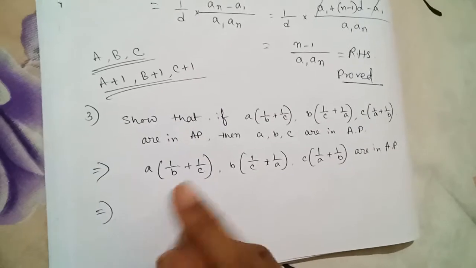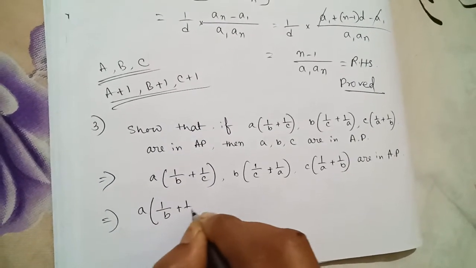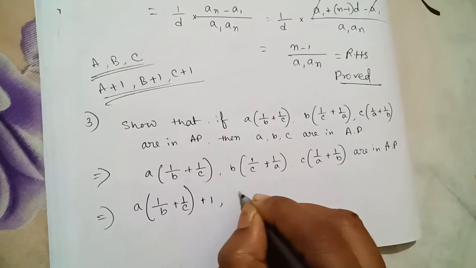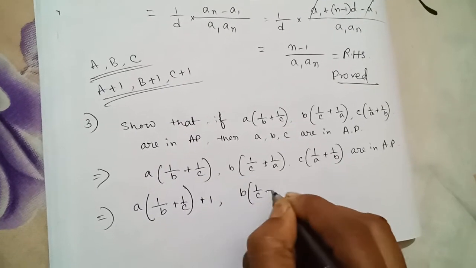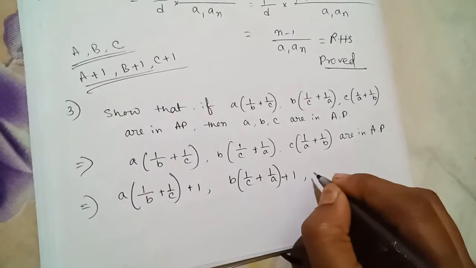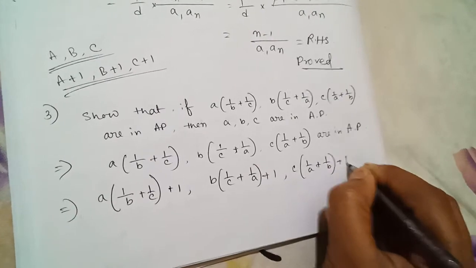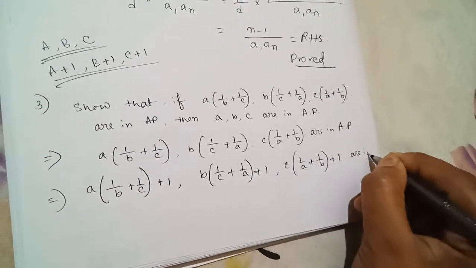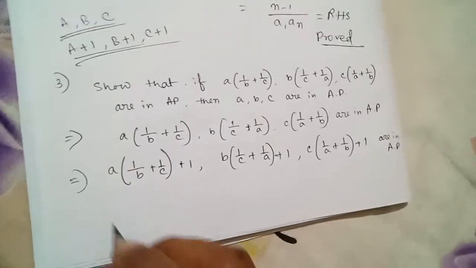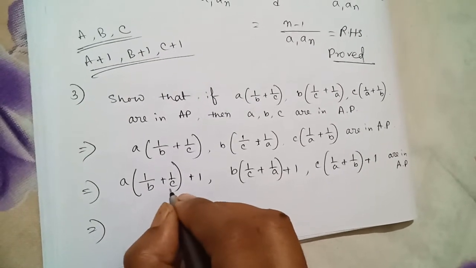So this we are applying, okay. So it's A into 1 by B plus 1 by C plus 1, comma B into 1 by C plus 1 by A plus 1, comma, and this is the trick also, C into 1 by A plus 1 by B plus 1 are in AP. Okay, now look, this will be actually what?